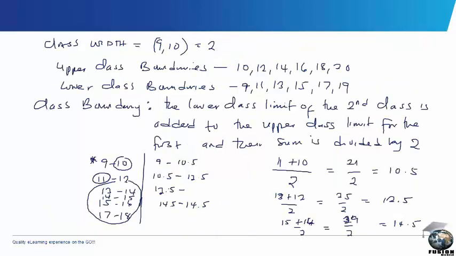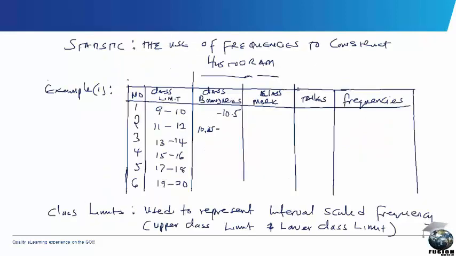The next is adding these two values, the lower class limit for the second class and the upper class limit: 12 plus 13 divided by 2 gives us 12.5. Then 15 plus 14 gives us 29, and we have 14.5 at this point, and 14.5 here too.